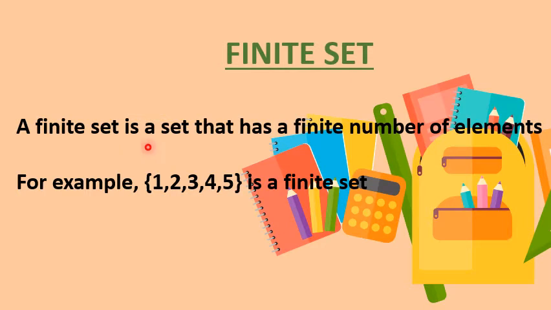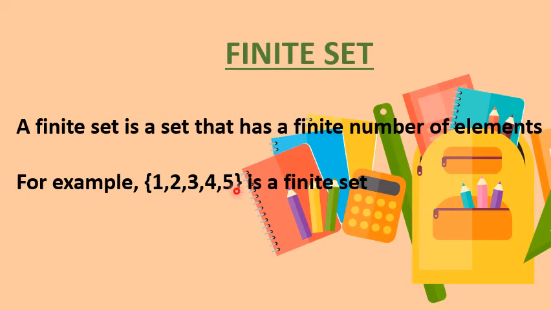Finite set. A finite set is a set that has a finite number of elements. There is an end. The set does not go up to infinity, right? It has a limit. It will end somewhere. For example, this set 1, 2, 3, 4, 5. These are the elements of the set.